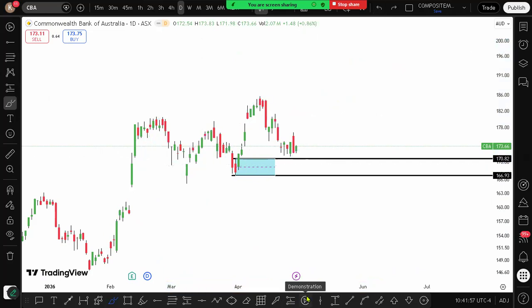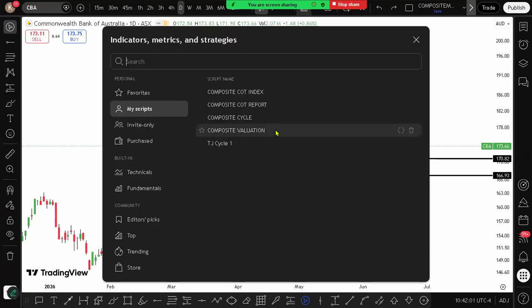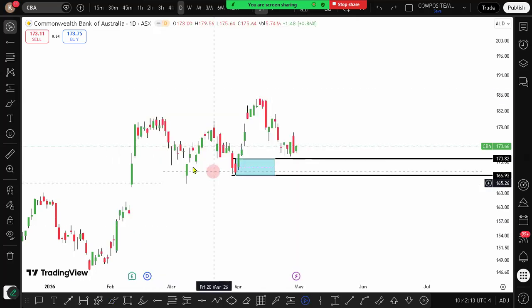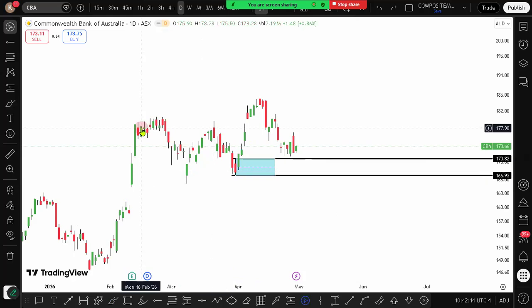Now, if I look at this area, I look at my tools, I measure the value of this particular asset here. If you look at the value of CBA, we measure it against the dollar and also the interest rate.